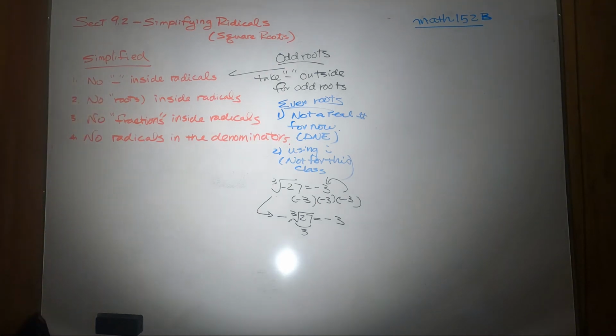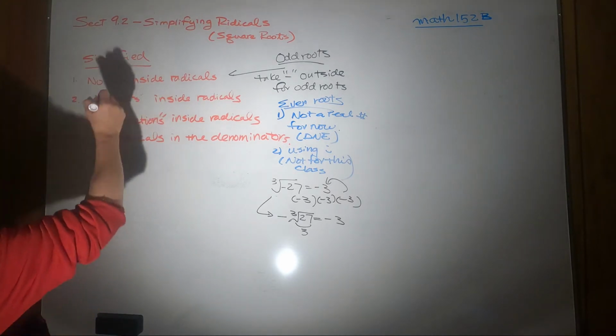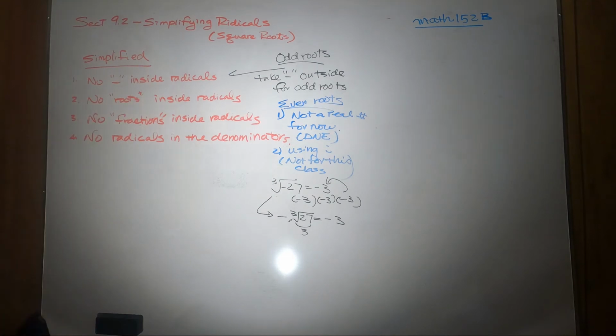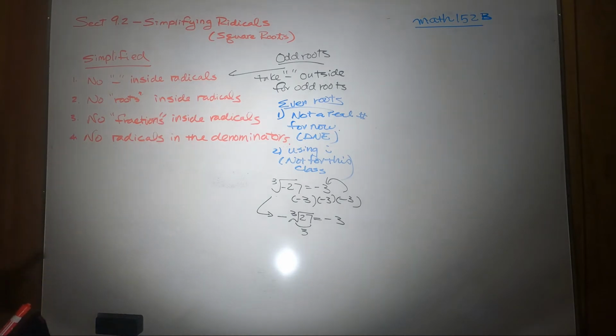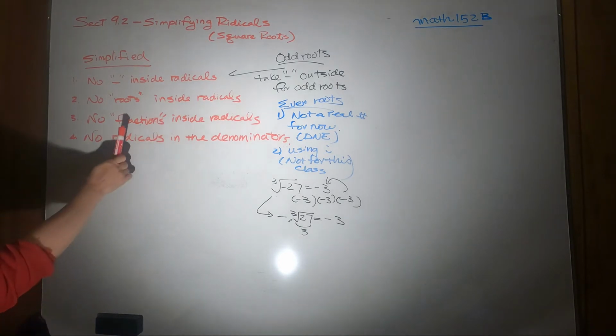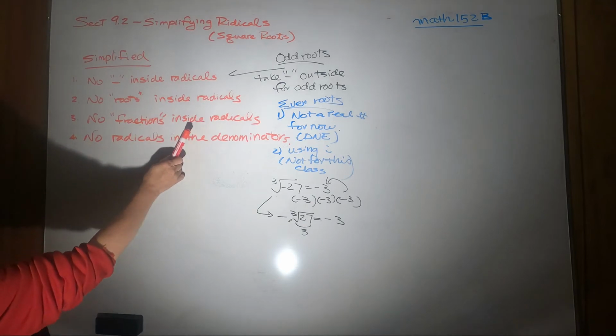So we don't want to have a negative inside the radical. And we don't want to have roots inside the radical. Then, fractions and radicals, we don't want to mingle them together. So no fractions inside the radicals.